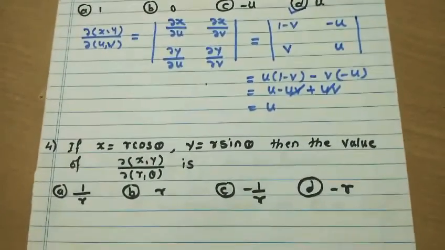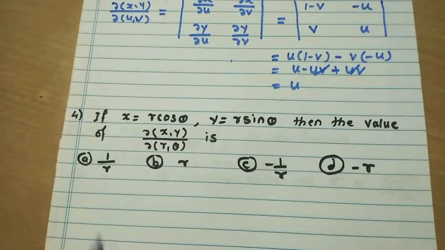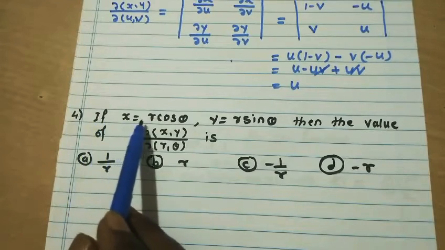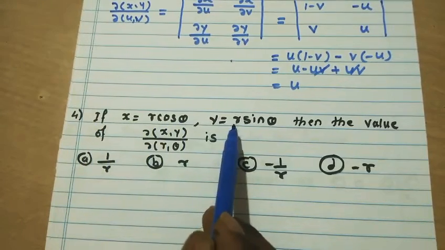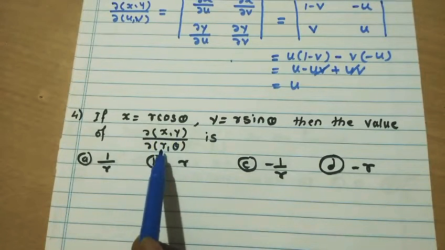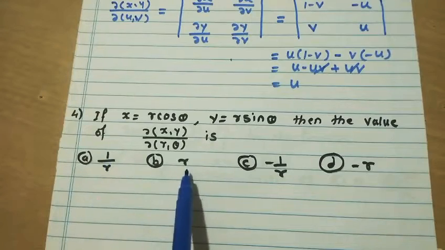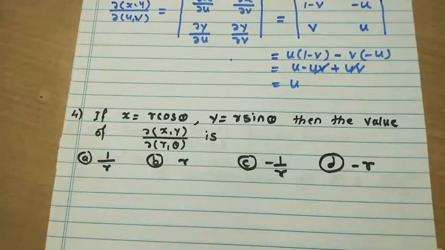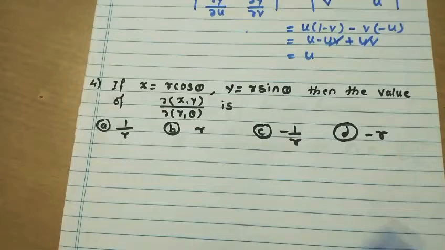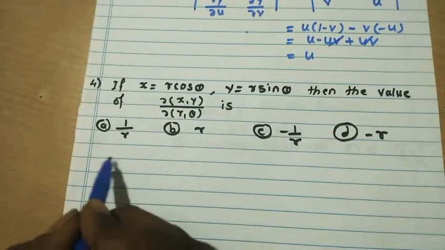Now come to the next question, question number 4. If x equal to r cos theta, y equal to r sin theta, then the value of del of x comma y by del of r comma theta is. Options are 1 by r, minus 1 by r and minus r. First we'll write the formula for del of x comma y by del of r comma theta.